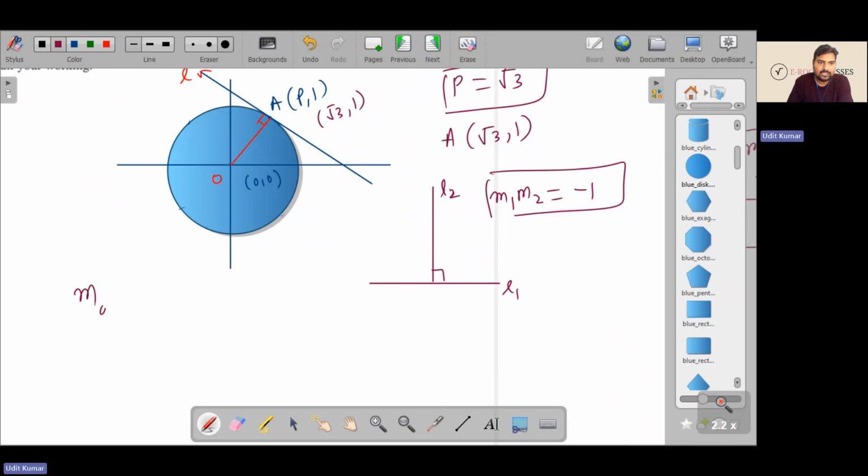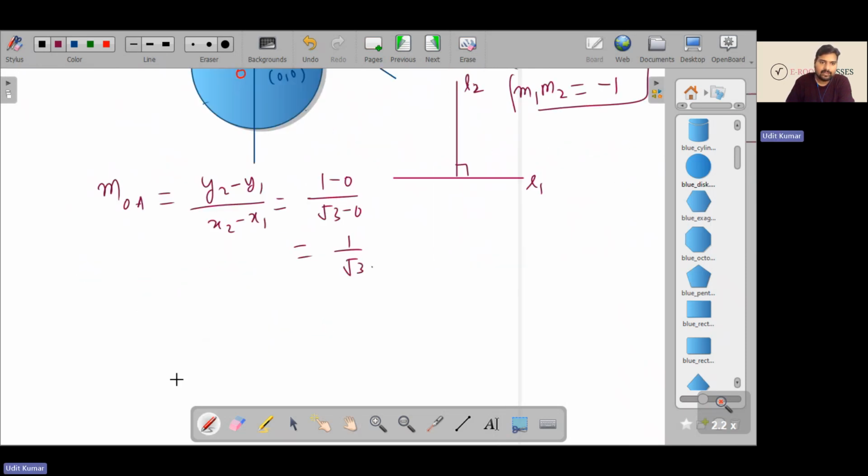We'll calculate the slope of OA, and the formula is y2 minus y1 divided by x2 minus x1. If I take this point as x2, y2, and this point 0, 0 as x1, y1, then y2 minus y1 will be 1 minus 0 and x2 minus x1 will be root 3 minus 0, which will give me 1 by root 3. And therefore, the slope of line L is going to be negative root 3. It will be the negative reciprocal of the slope of line OA, right?